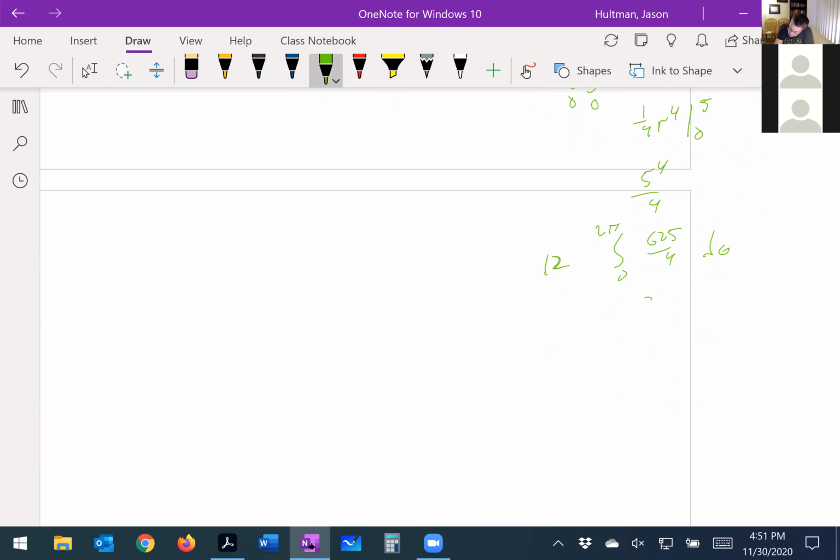So this is 625 over 4 theta, put in the 2 pi, that cancels with one of the 4 on the bottom, so this is 625 over 2 pi. Multiply that by 12, and this becomes 6 times 625 pi, which ends up being 3750 pi. Boom, there we go.